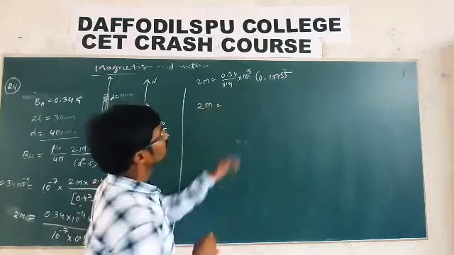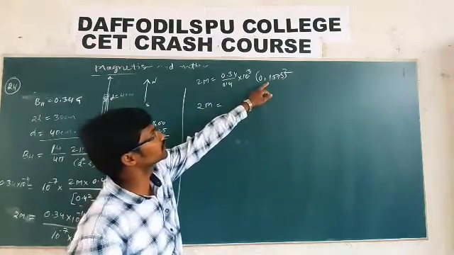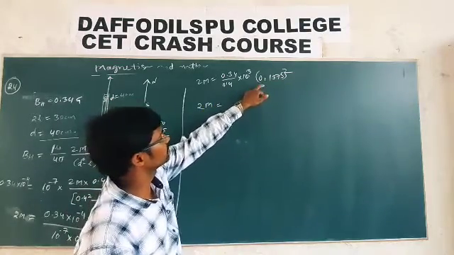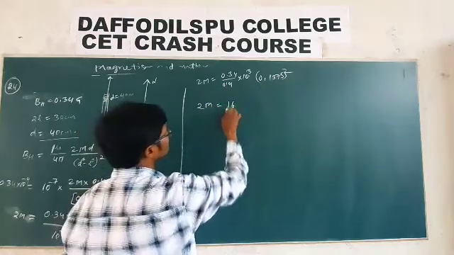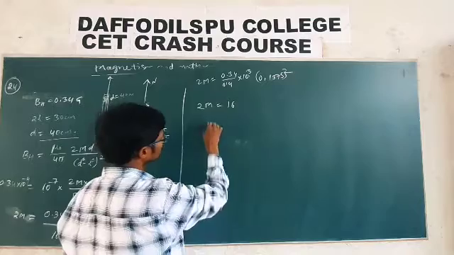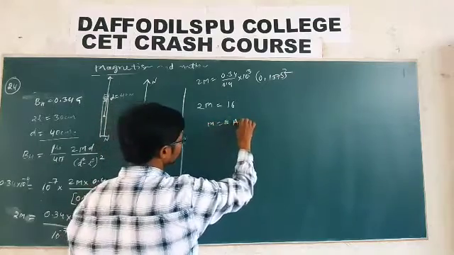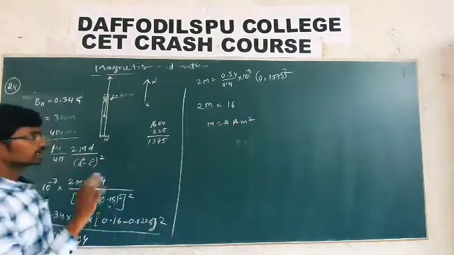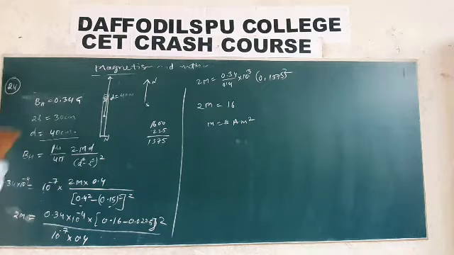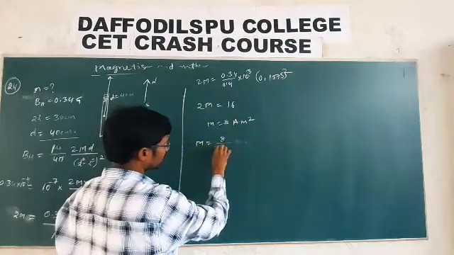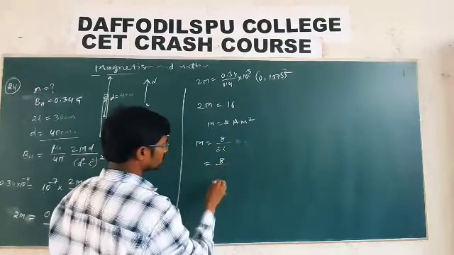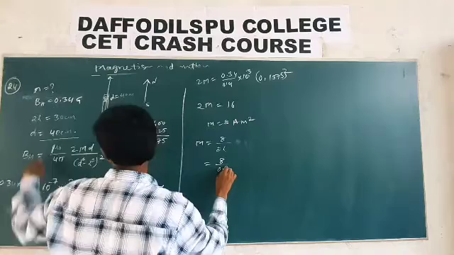Let us see the 27th one. If a current of 500 milliampere produces a deflection of 30 degrees in the tangent galvanometer, then what current produces a deflection of 60 degrees?